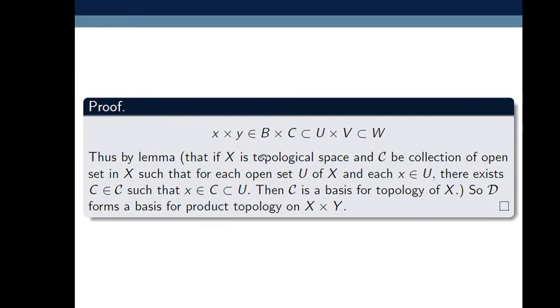Script D, whatever the set given, and this is contained where? In W. Why? Because U times V is contained in W.